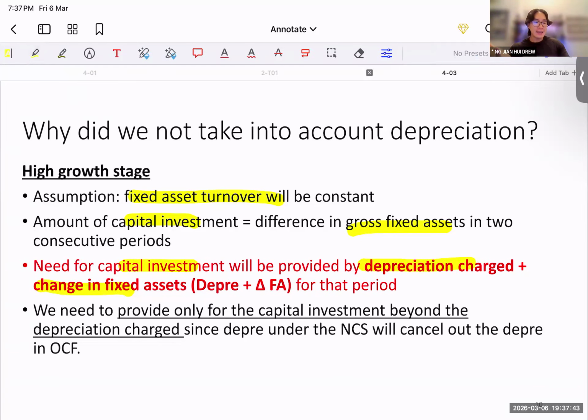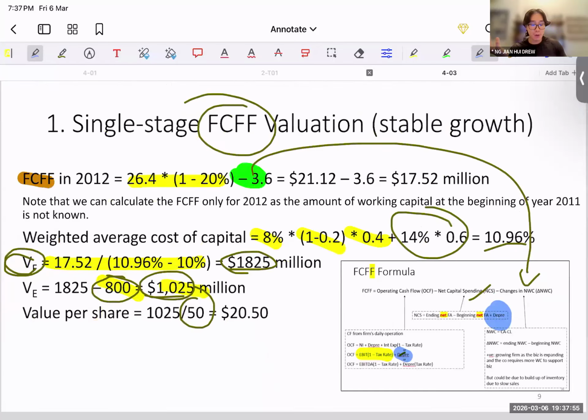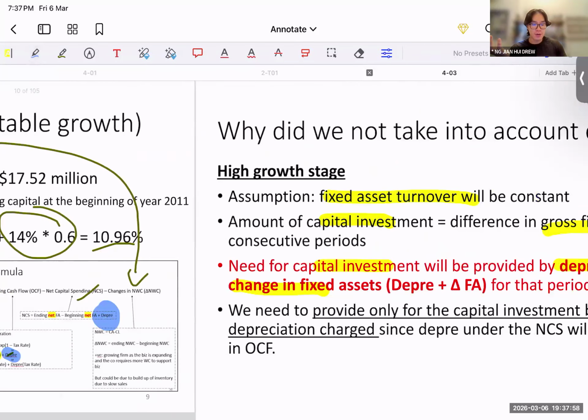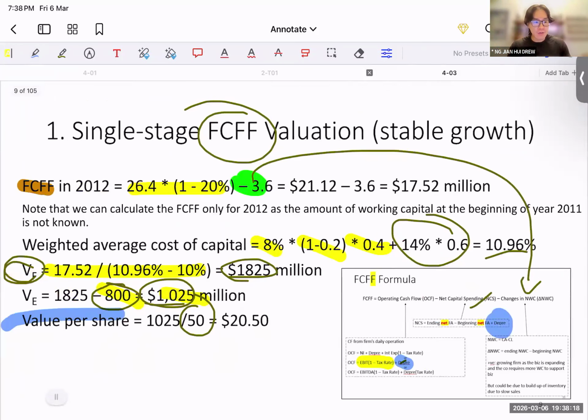In the last formula that we have seen here, the depreciation under NCS offsets the depreciation in our operating cash flow. The depreciation under NCS cancels out the depreciation in operating cash flow, which means that we only need to provide additional capital investment that is beyond the depreciation amount. I'm just going to flip back to show you.